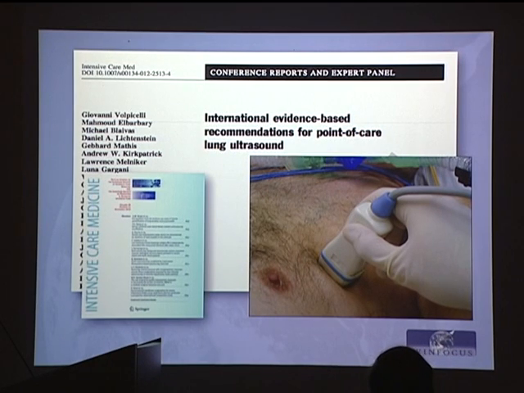And so this is the compound of recommendations and guidelines coming out from this consensus.